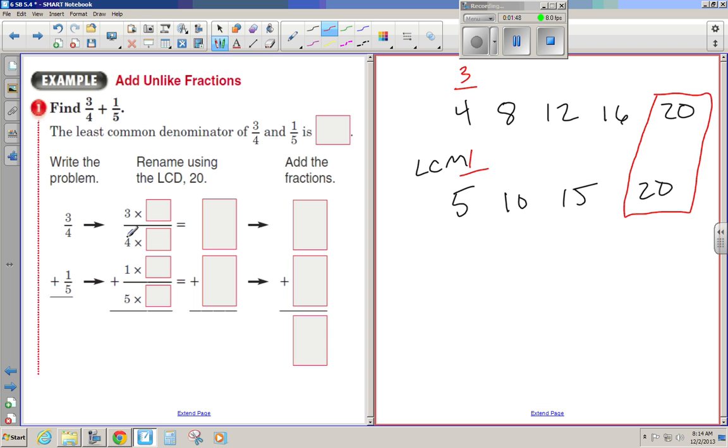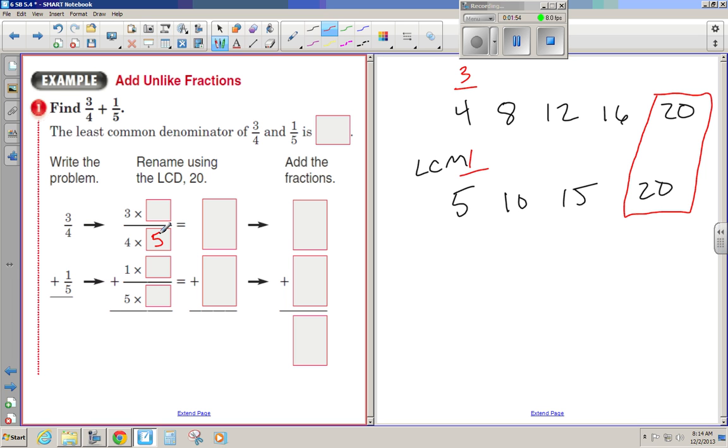So we determined to get a 20, 4 times 5, 5 times 4. And then you got to do it to the top as well. So you multiply by the number that makes the denominator 20 to get 15/20 plus 4/20.